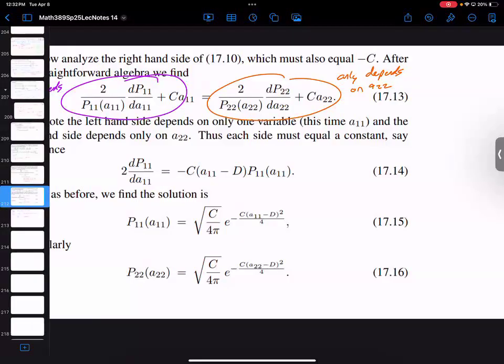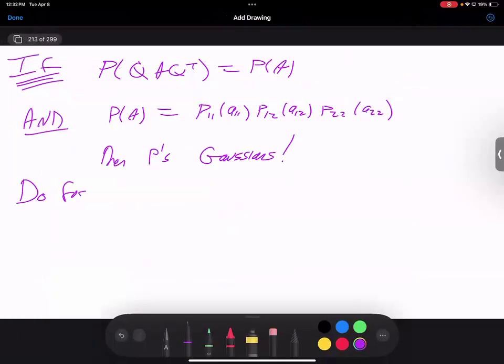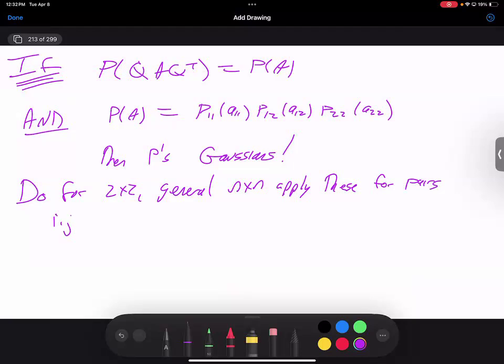So we do it for 2x2, then for general n by n, apply these for all the pairs ij. So we don't have to write down a general n by n infinitesimal rotation with all those degrees of freedom. It's enough to do this one simple case.